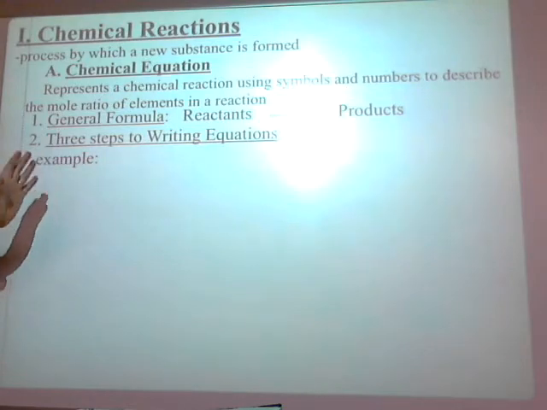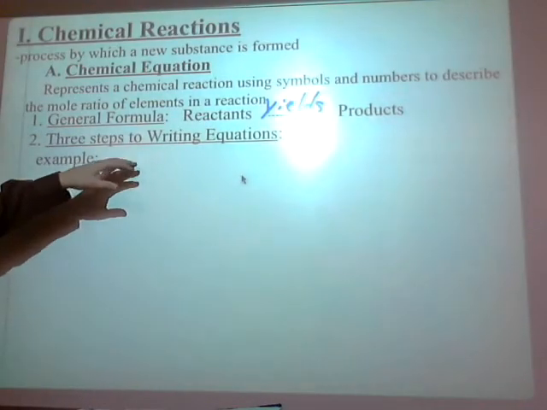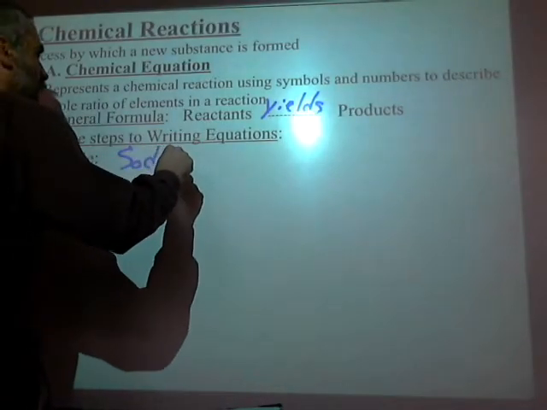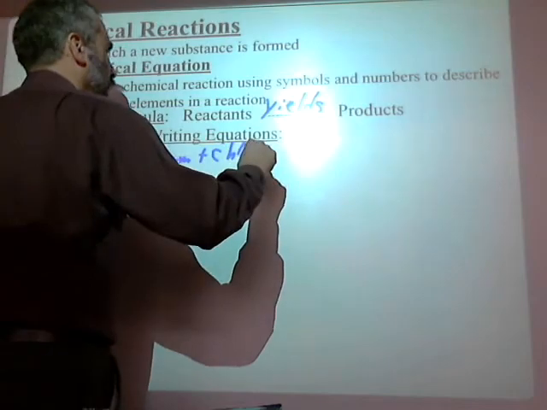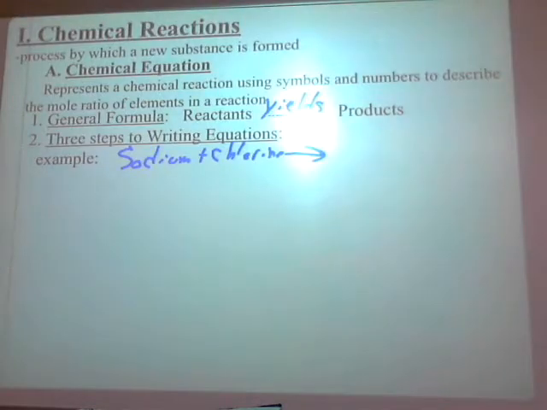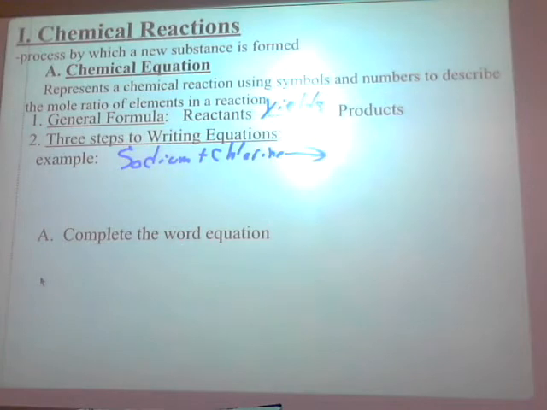Here's how much I'll give you. You could write this into those you're leaving blank. I'll say sodium plus chlorine yields. That's how much I'll give you. Your first step will be to complete that word equation. Okay, so that's what I give you. What's in blue there is what I'm going to give you.